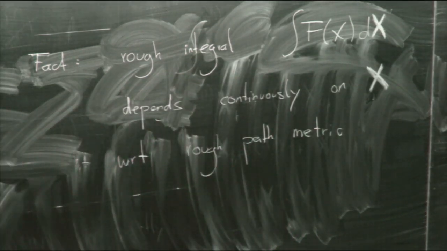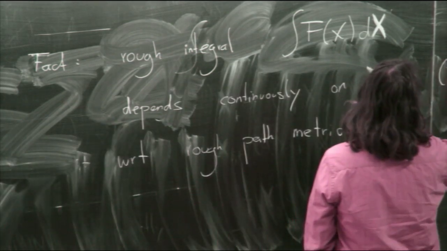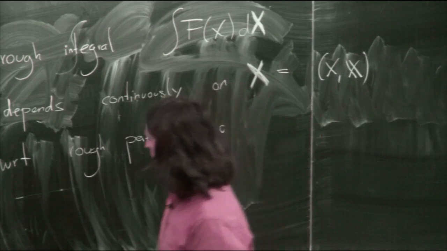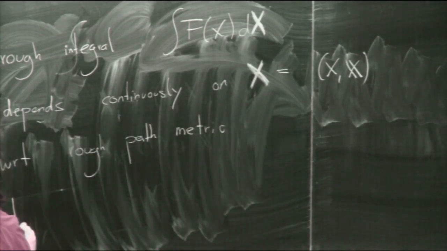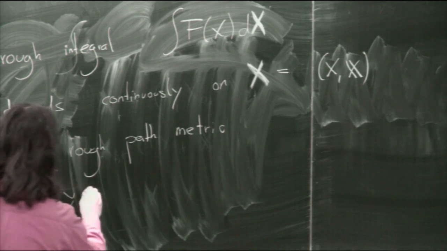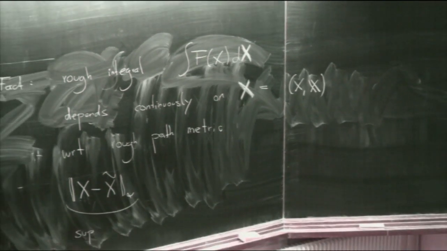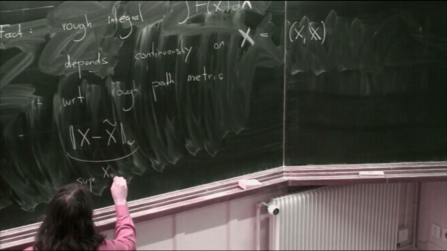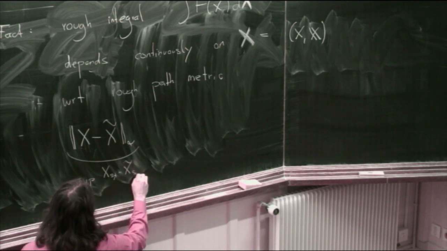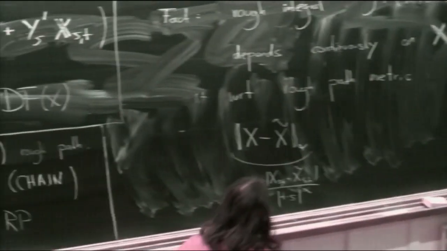So the way you measure the distance between two rough paths is simply you look at the underlying path, and this you just measure in alpha Hölder sense. Okay, so this is the sup of x_st minus x-tilde_st.